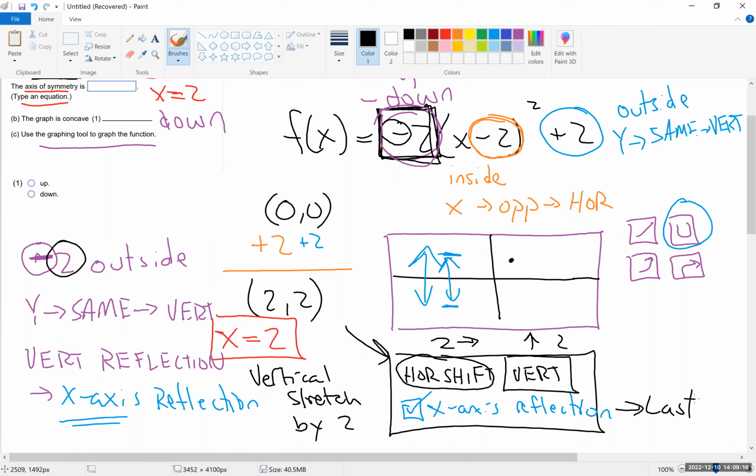Another way to say a vertical reflection is about the x-axis. Okay, so you're not picking 2 points on this problem. You're graphing using the transformation tool. Okay.